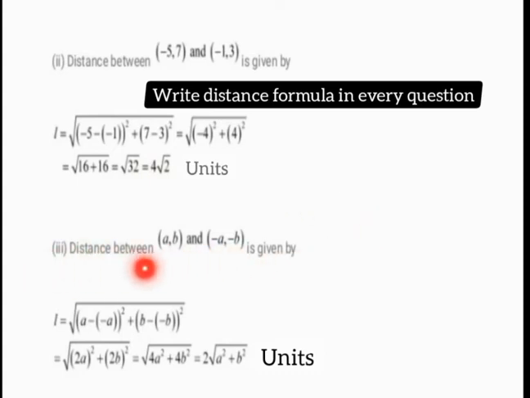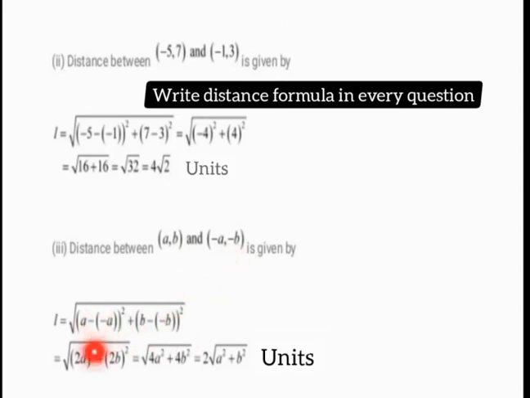Now look at the third part, distance between (a, b) and (minus a, minus b). Now for the formula, x1 minus x2 means a minus x2, which is minus a. y2 minus y1: y2 is minus b minus y1 which is b.